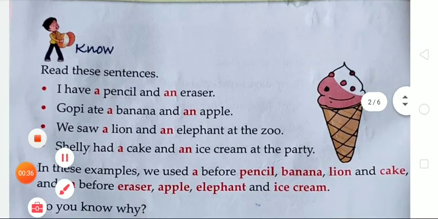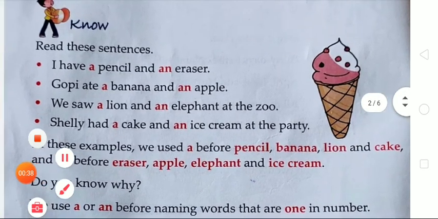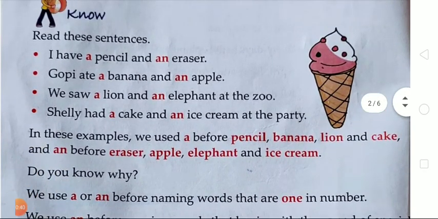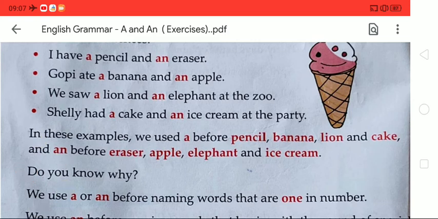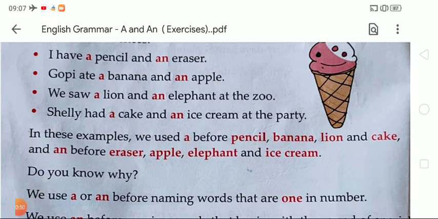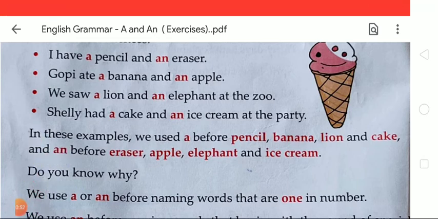Okay, so student, in my previous video we have learned that we use A with the words that begin with a consonant and An with the words that begin with the vowels.